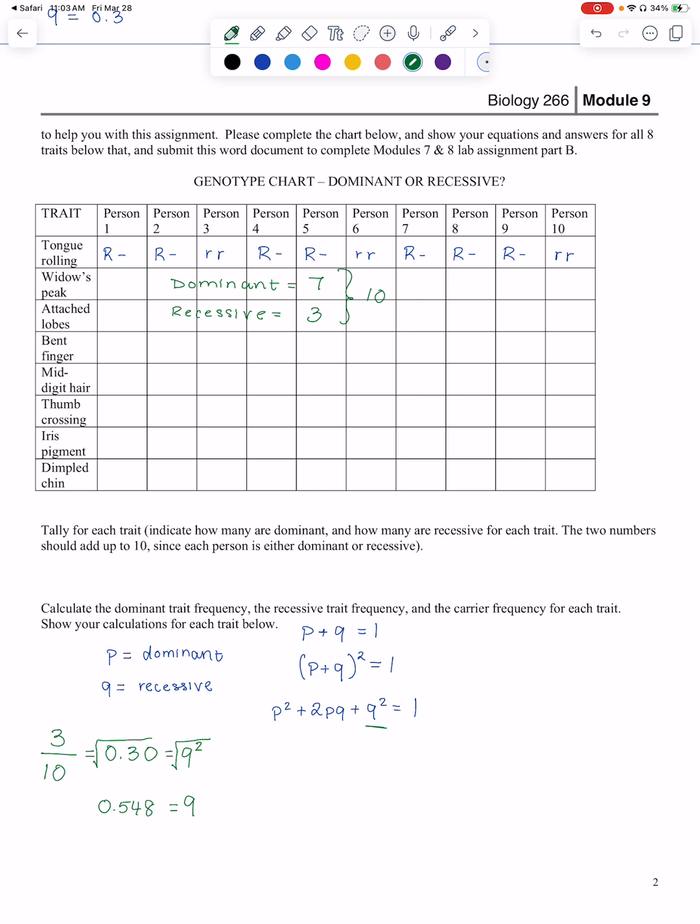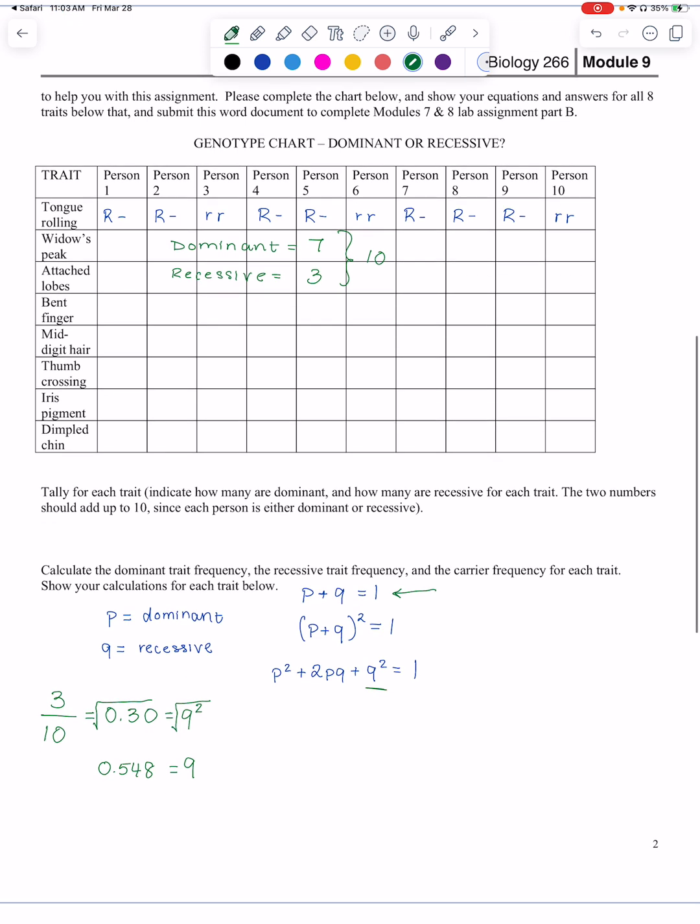So now we actually have the percentage of the q allele present in the population. If I were to go and use this first equation, I also can figure out the percentage of our dominant allele. And this is just going to be some simple math as well.